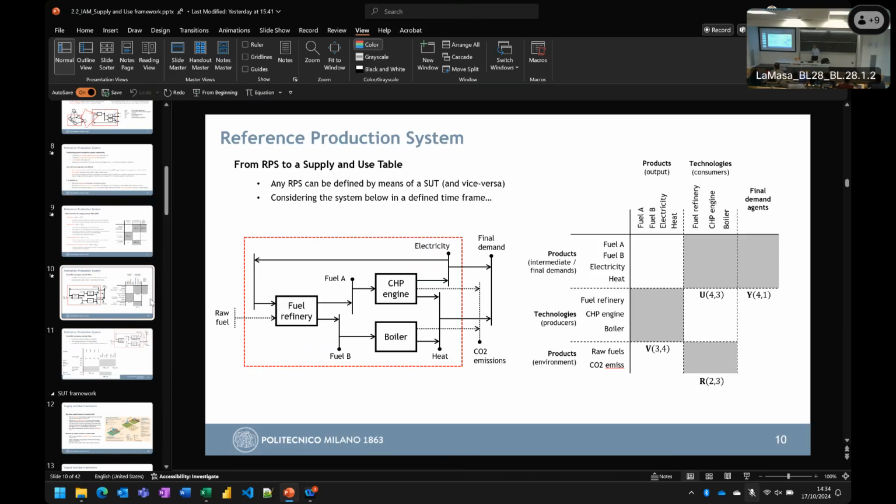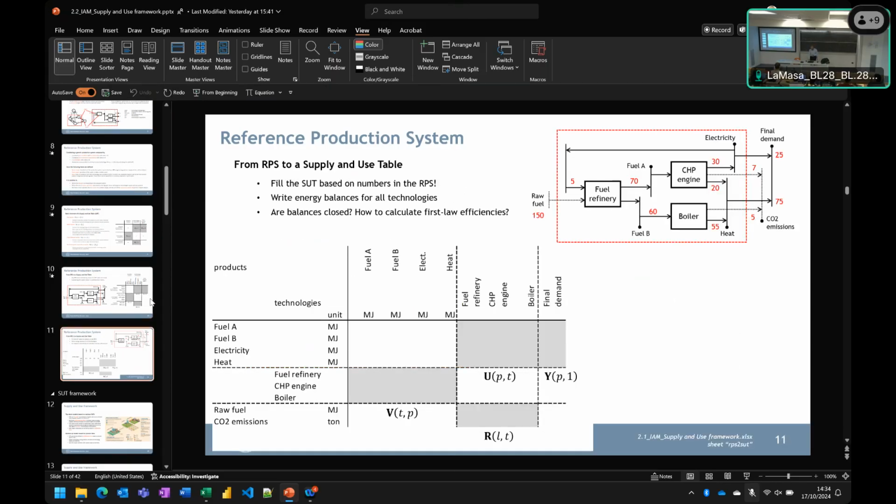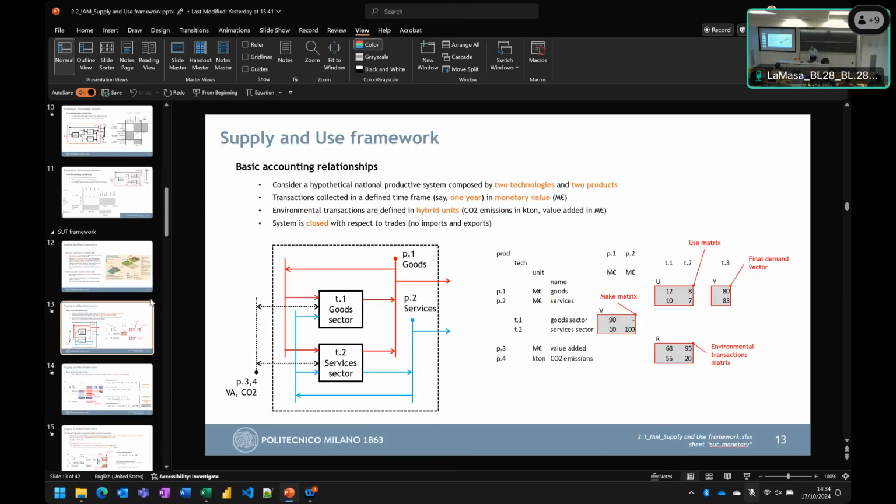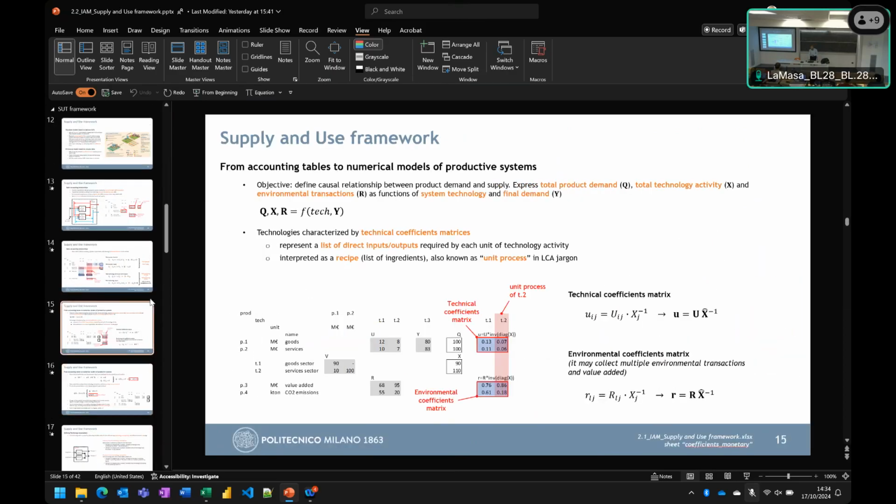The point is that these tables are actually results of the elaboration of a more general supply and use table. So whoever produced such tables applied some assumption on how to deal with the byproducts or multiple products. And we understood, hopefully, the meaning of such assumptions: industry technology and product technology.